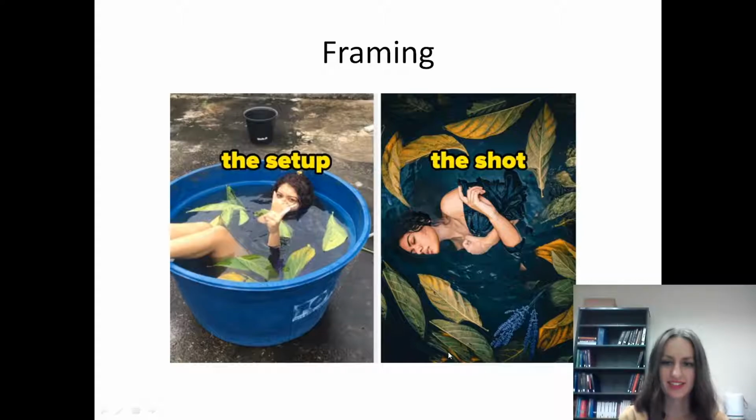And it's really funny to actually know that this is taking place not in some beautiful green pond somewhere, but in a tub in someone's ugly backyard. I kind of like to think of the idea of framing in relation to social media too, social media feeds.